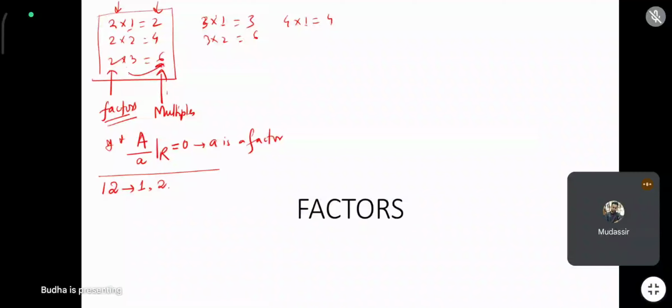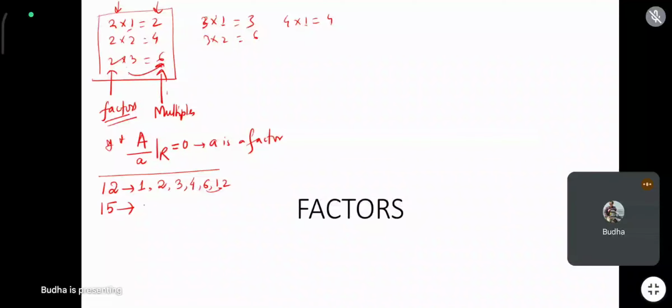Then 2, 3, 4, 6. 8 will not work because you cannot divide 12 by 8, right? Once you reach the halfway mark, 6 is half of 12, the next number will be the number 12 itself.